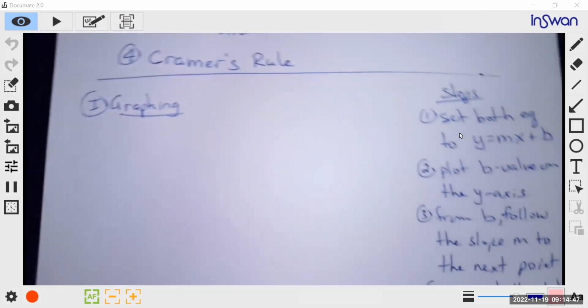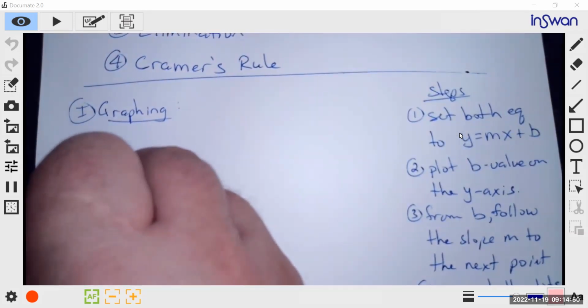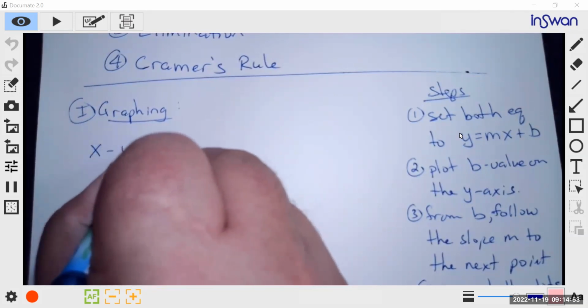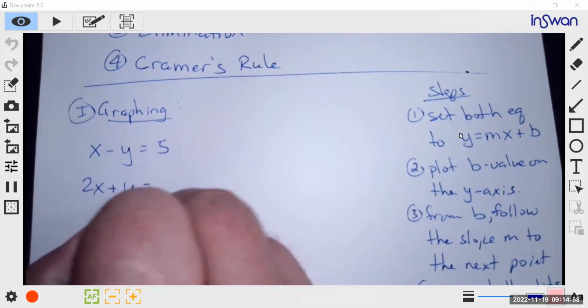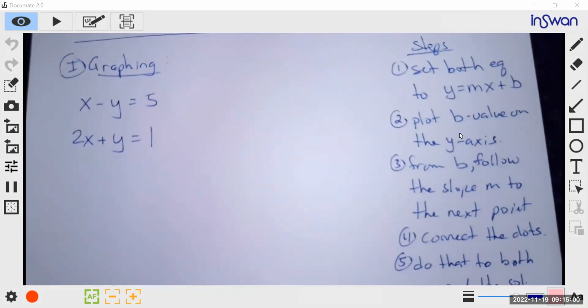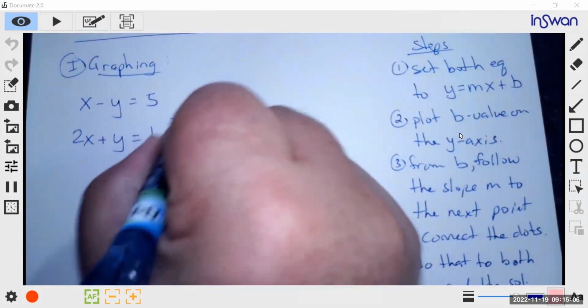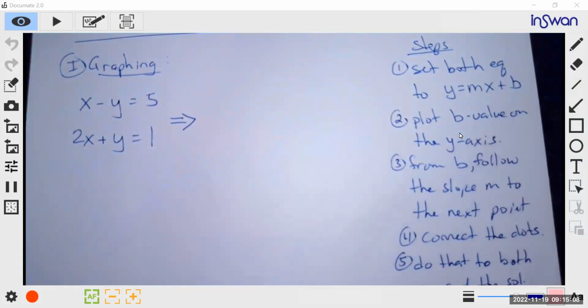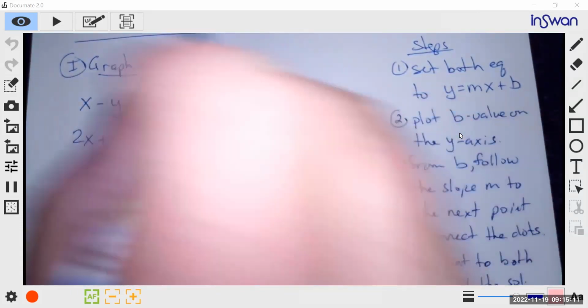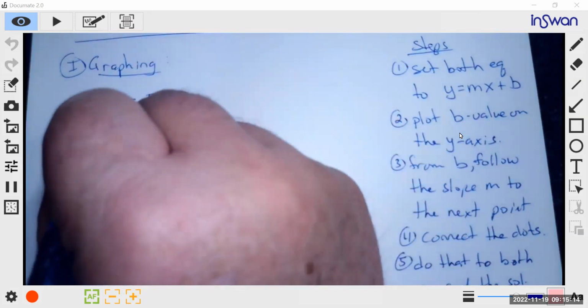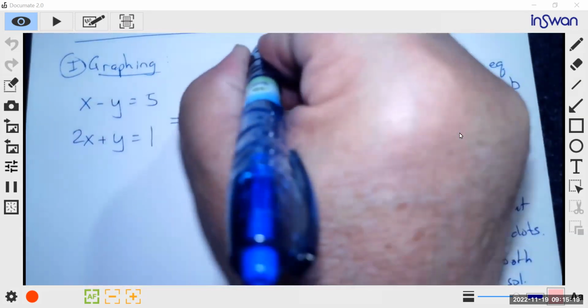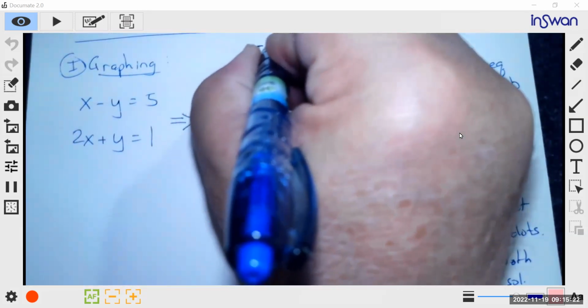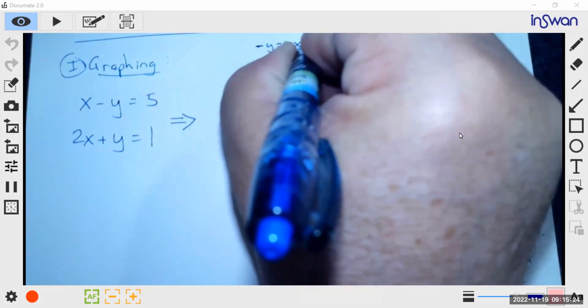All right, so here we go. Let's look at this. X minus y equals 5. 2x plus y equals 1. So the first thing we have to do is make these into y equals mx plus b. So this one, we have to subtract x from both sides. So we got negative y equals negative x plus 5.